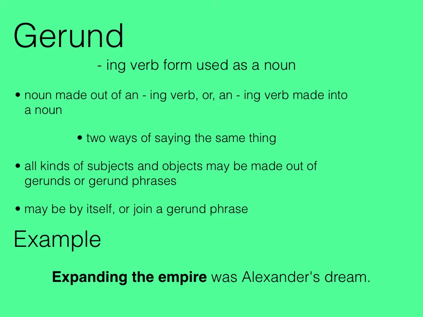Okay, so now we have gerund. It is an ing verb form used as a noun. A gerund is a noun made out of an ing verb, or an ing verb made out of a noun. There are two ways of saying the same thing. All kinds of subjects and objects may be made out of gerunds or gerund phrases.